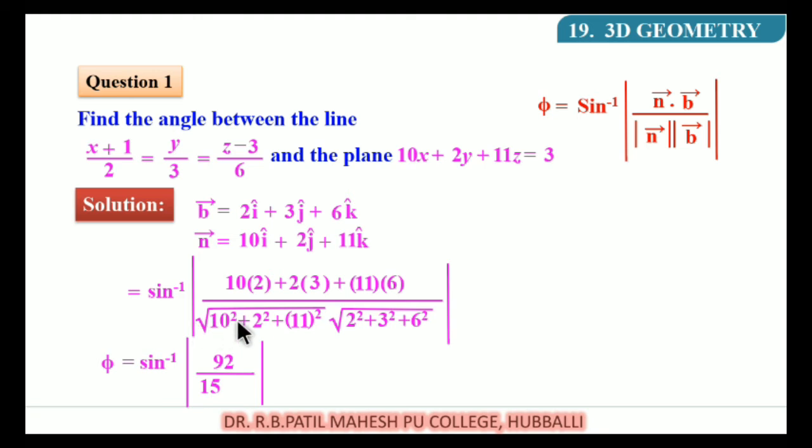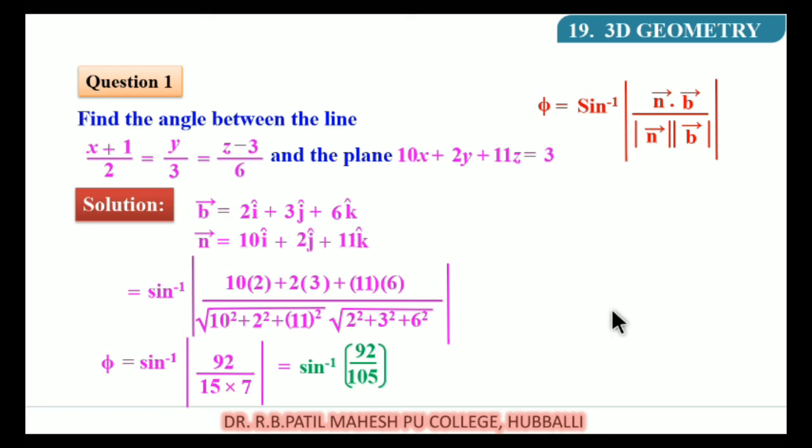The square root of 225 is 15, into square root of 4 plus 9 plus 36, which is square root of 49, that is 7. So we have sin inverse of 92 divided by 105. This is the angle between the line and the given plane.